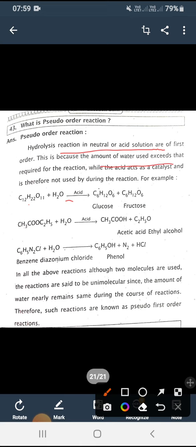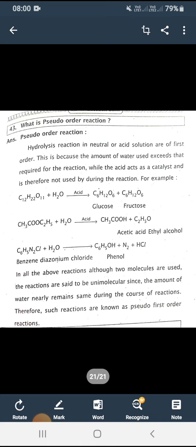Here the amount of water is required for the reaction, and the acid acts as the catalyst and is not used up by the reaction. That's why we say it is a first order reaction. The acid will not be consumed, so it depends only on the reactant. In the above reactions two molecules are used, right? But we are saying unimolecular. Why? Because here water remains the same during the course of the reaction. That's why we say it is a pseudo order reaction.